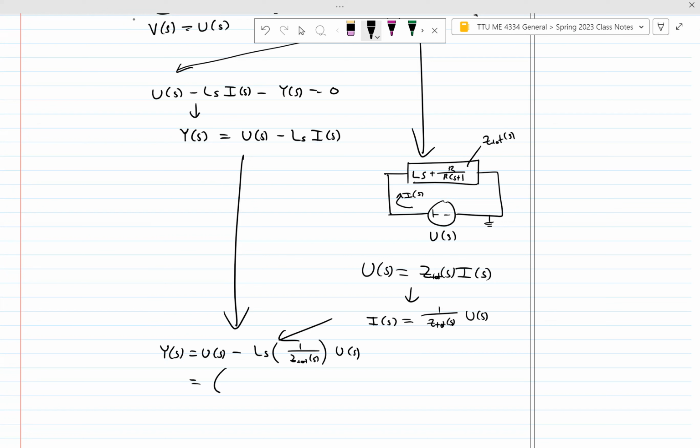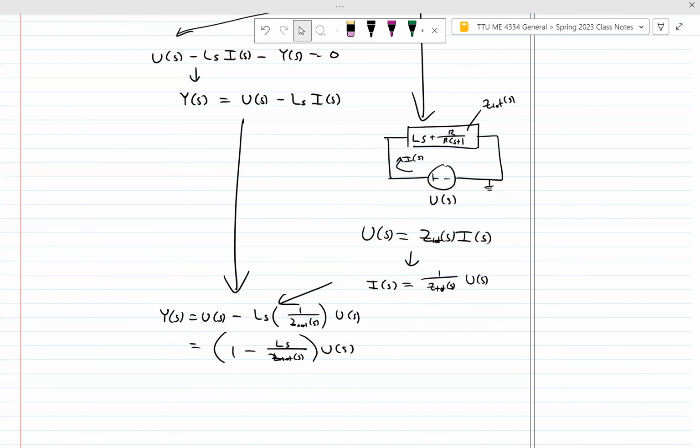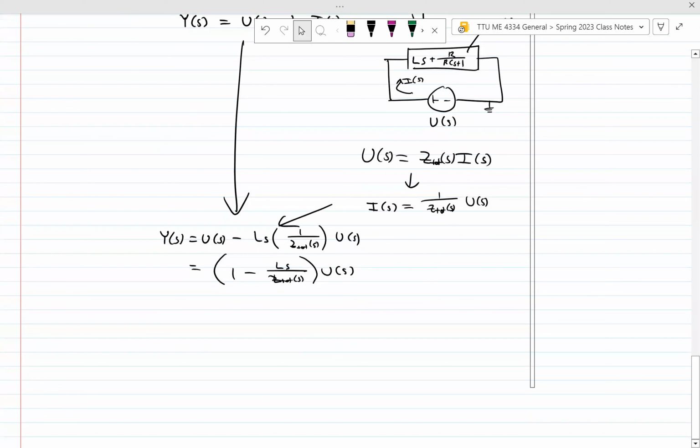Or we can combine those terms with U's. Right? And then go through and simplify all of this.